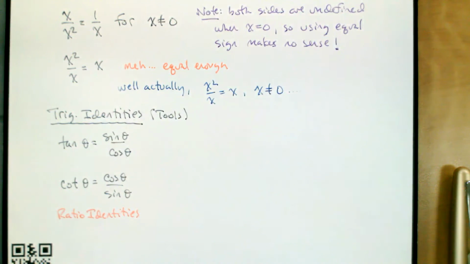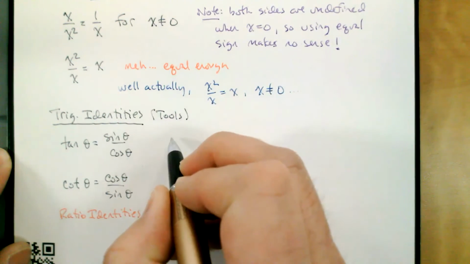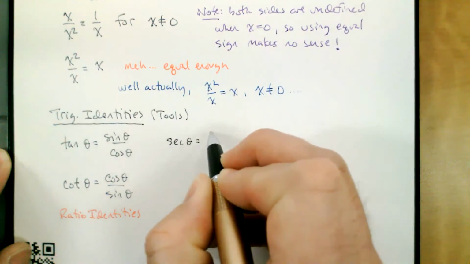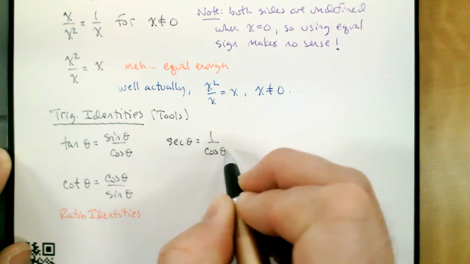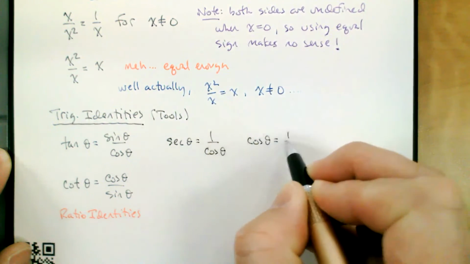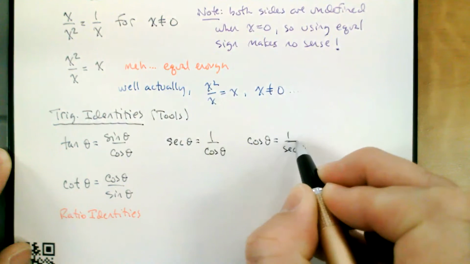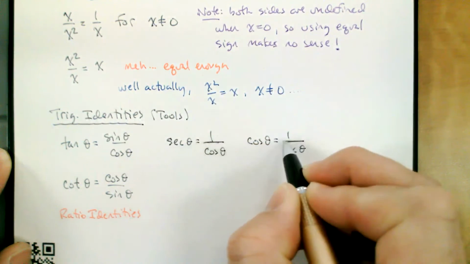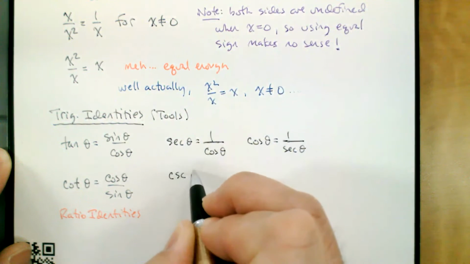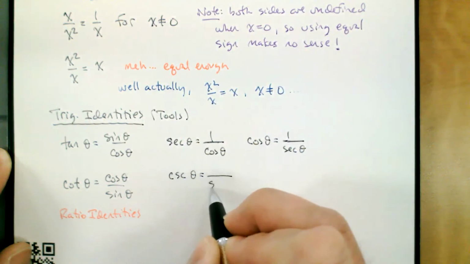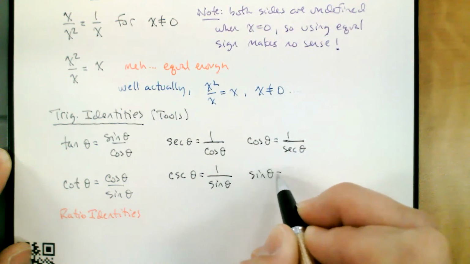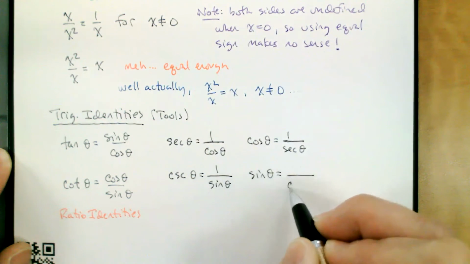Another important category. Secant theta is 1 over cosine theta. And that means that cosine theta is 1 over secant theta. Cosecant theta is 1 over sine theta. So sine theta is 1 over cosecant theta.